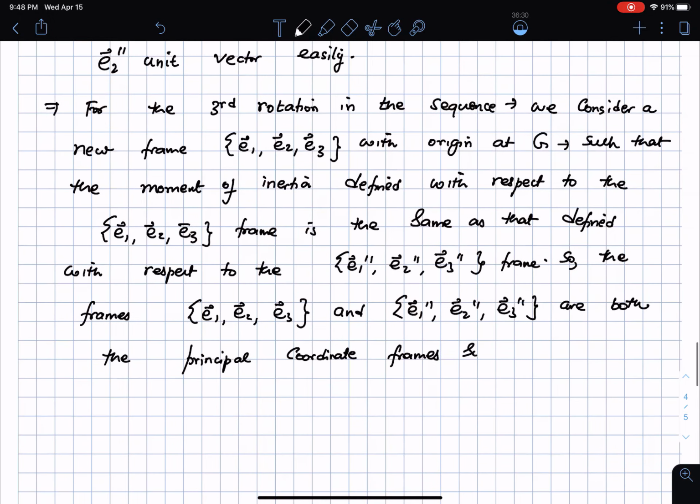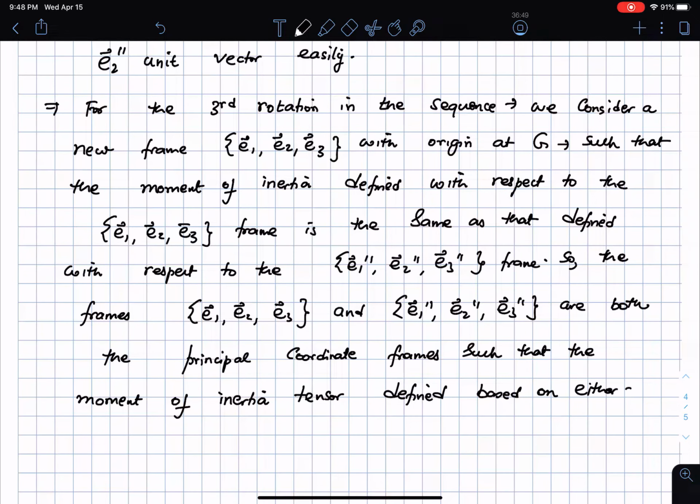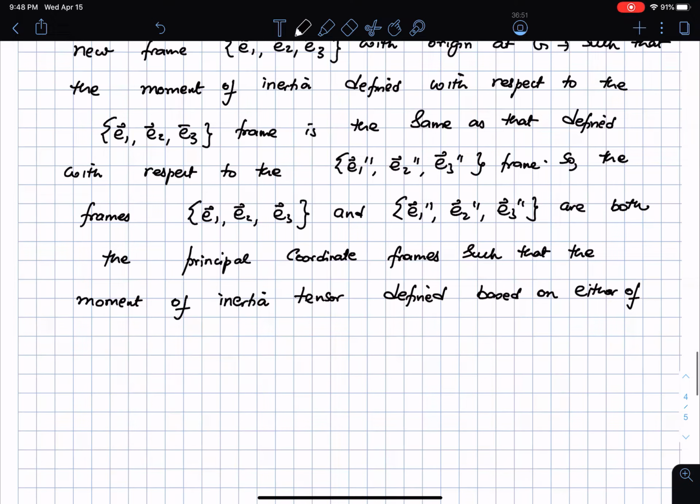Okay, such that the moment of inertia tensor defined based on either of these two frames is a diagonal matrix.